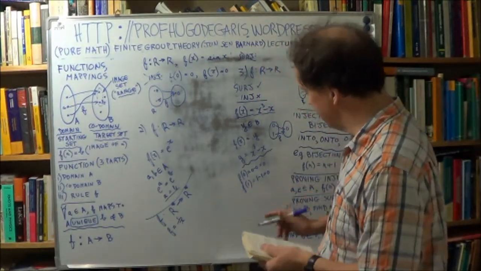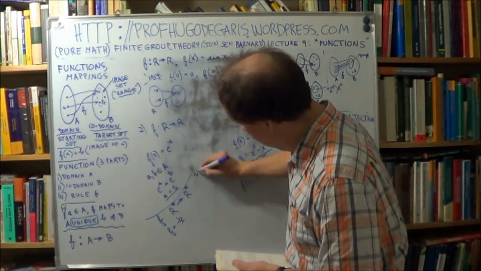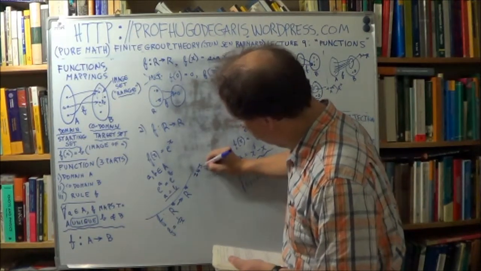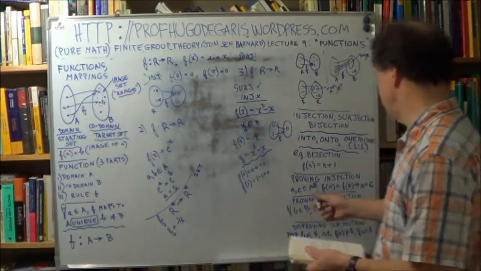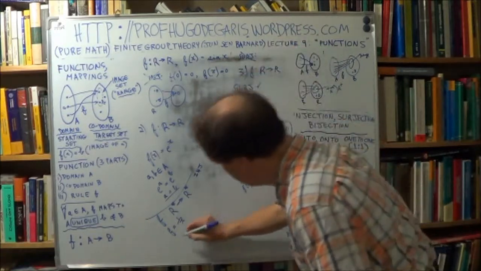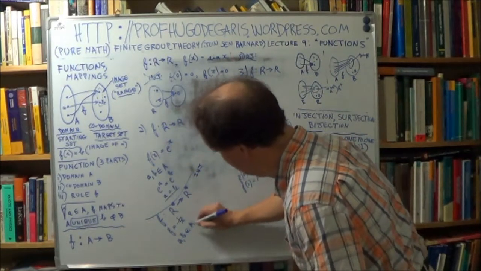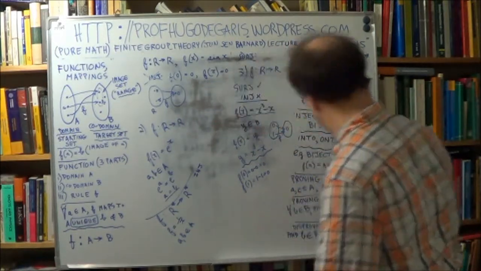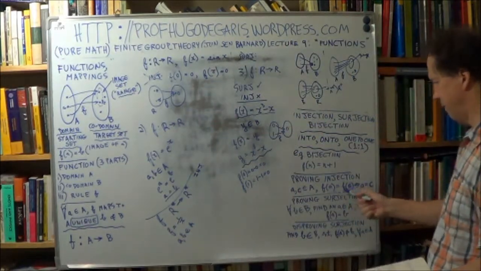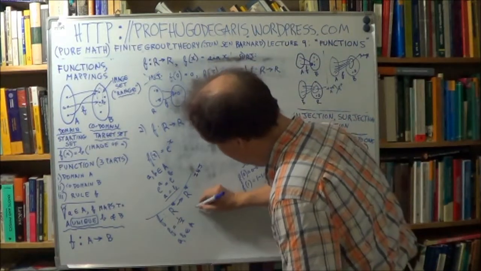Right? So which will we do first? Let's do injective, or into. So how do you prove an injection? Well, again, you just take two random elements belonging to your domain, A and B, and then assume that they map to the same element.